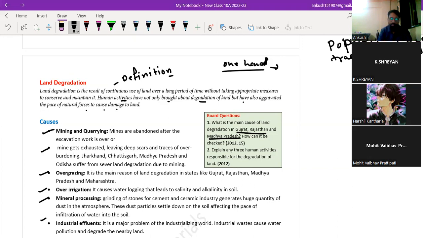Okay. So what are the causes that are really responsible for land degradation? First is mining and quarrying. Mines are abandoned after the excavation work is over or the mine gets exhausted, leaving deep scars and traces of overburden. Jharkhand, Chhattisgarh, Madhya Pradesh, and Odisha suffer from severe land degradation due to mining.